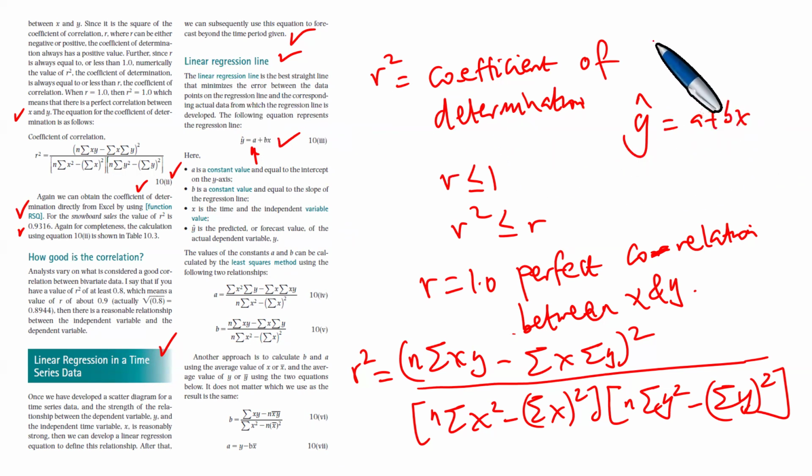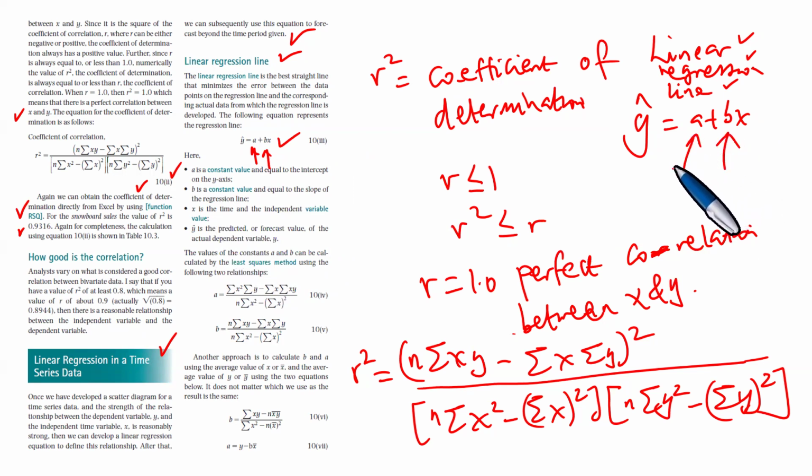This is called the linear regression line. b is a constant value and equal to the slope of the regression line. This is a regression line and therefore it has a slope, and the slope is b. And a is nothing other than the intercept on the y-axis.